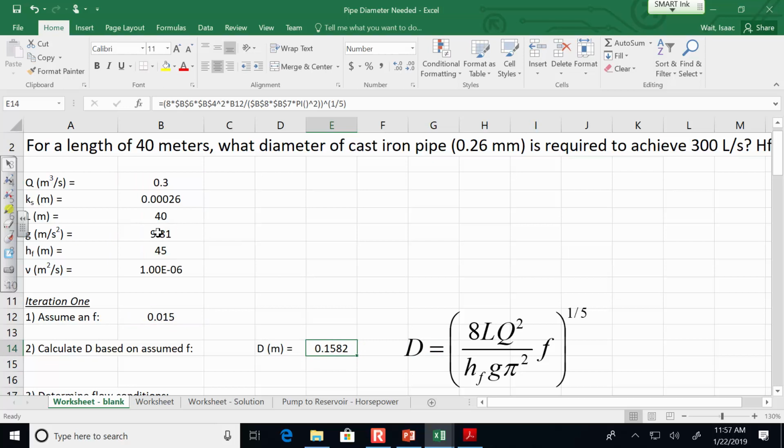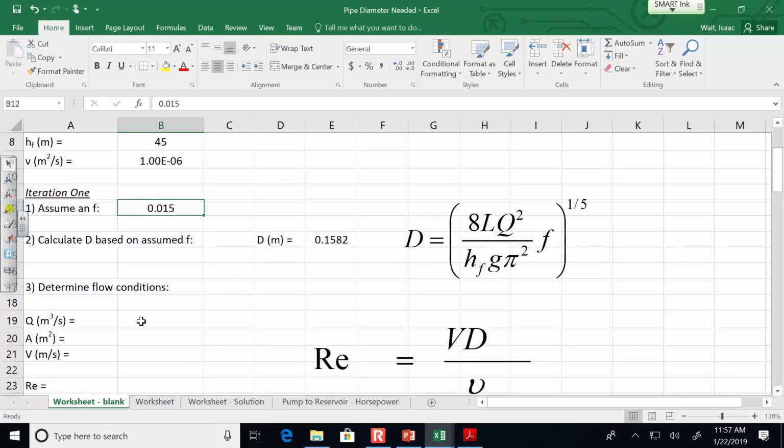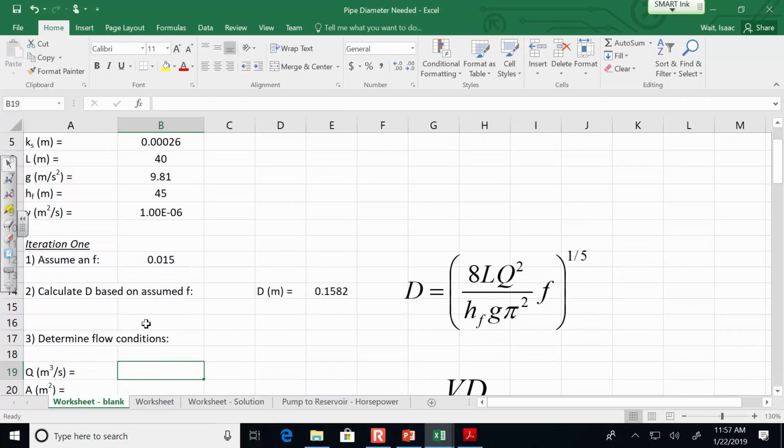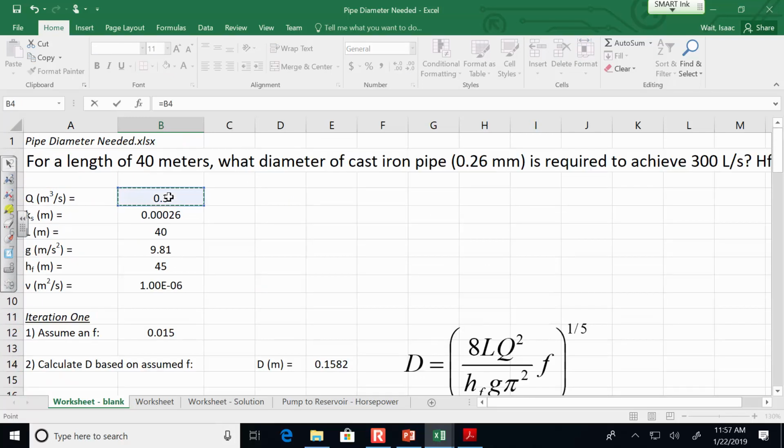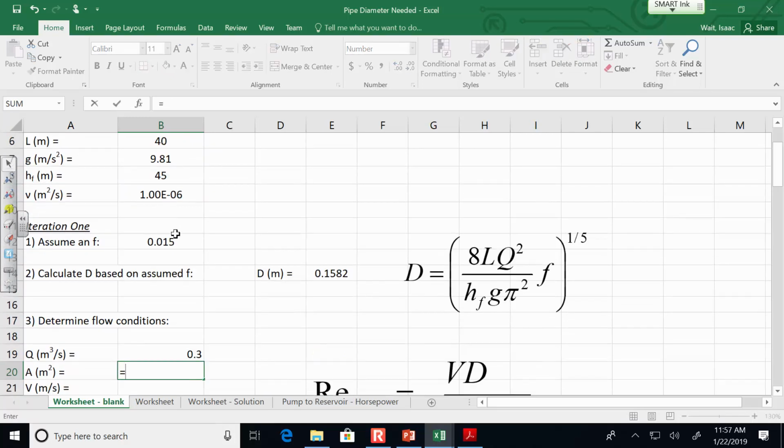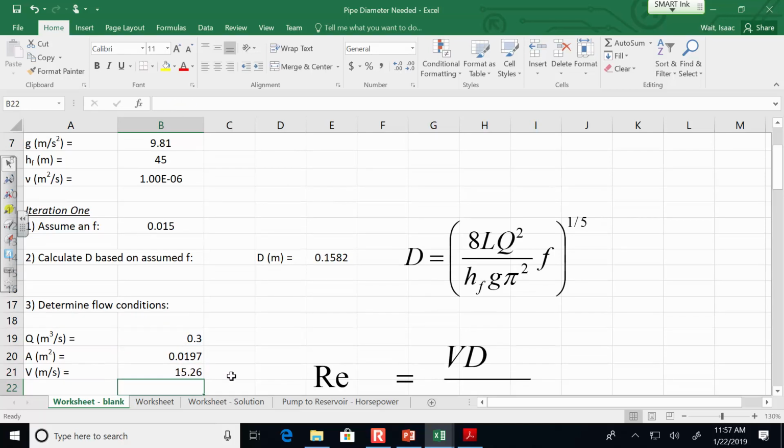Okay, so 0.1582. That's what we know from before is the correct diameter that will arise out of this F value. Okay, so for a certain flow rate, the flow conditions are known, the cross-sectional area would be pi times d squared divided by 4. Now the velocity is just Q divided by the area. Okay, so 15.26 is the velocity.